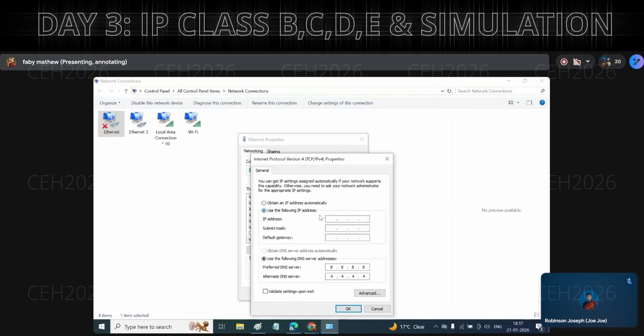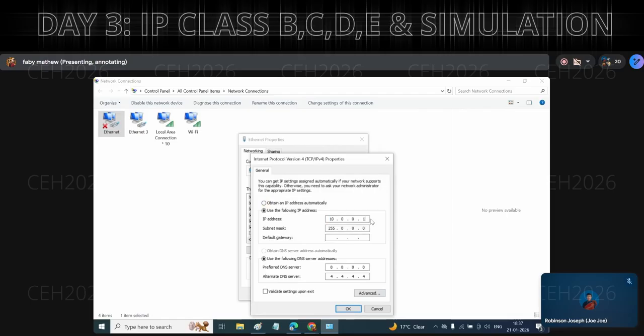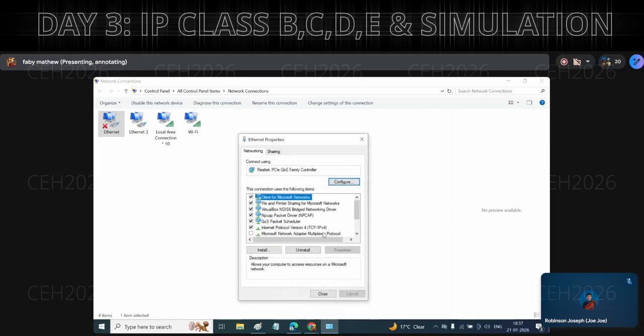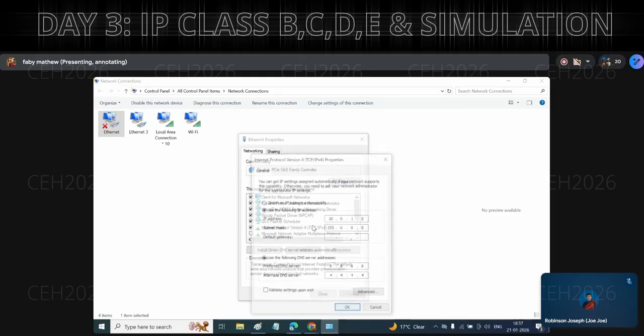Okay. Now class A, 10.0.0.0. The combination of address is not valid. If I place the value 1 over here, valid IP address. If I place the value 0 over here and place the value 1 over here, it is also a valid IP address.